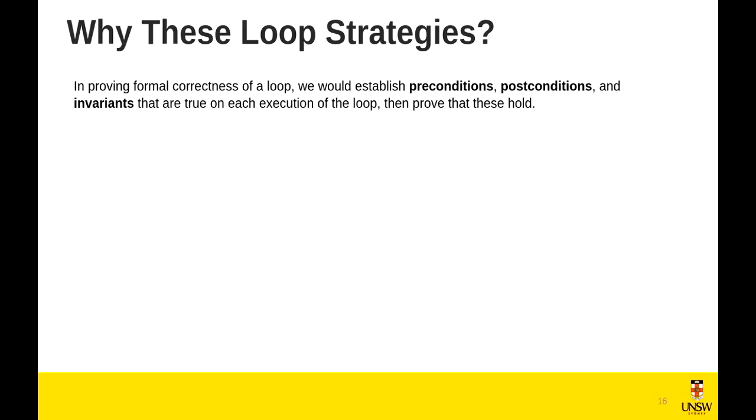There are some more reasons behind this. So remember, if we want to say a program is free from bugs, what we actually want to do is to use some kind of formal verification to prove that this program is free from bugs.